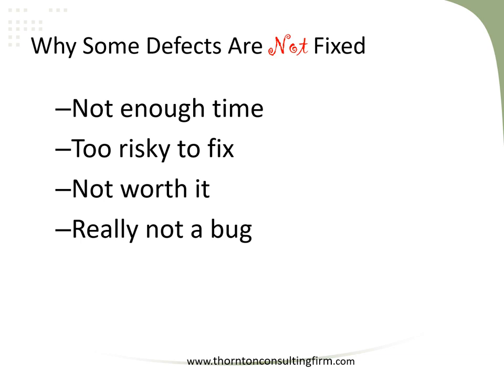It's not one person's decision. Generally, it's a group decision led by the business. The development team may also have some input on why the defect will not be fixed.